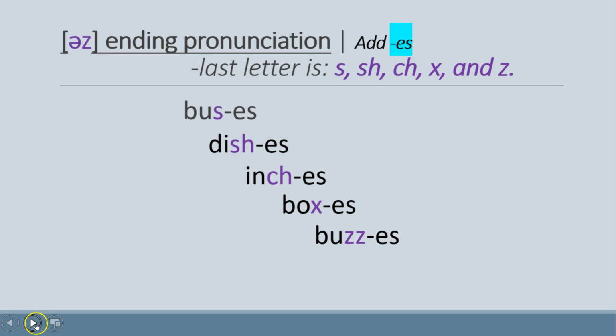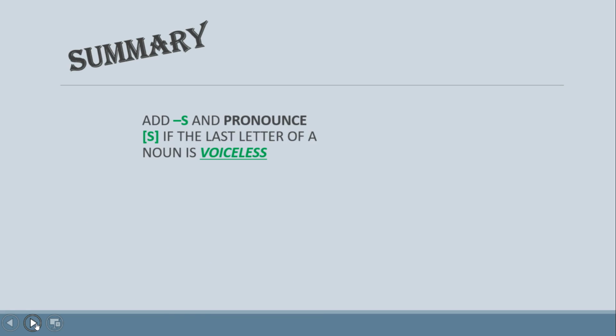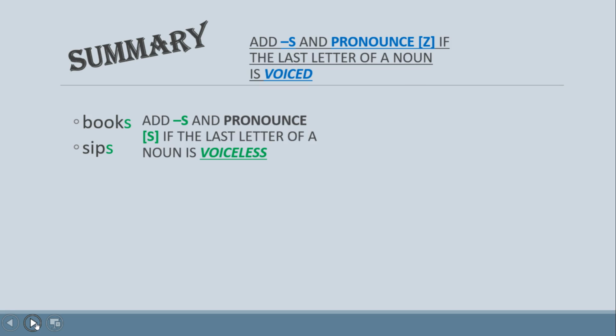Okay? So let's just give a quick summary about everything we've been saying so far. You add S and you pronounce S if the last letter of a word is voiceless, like in the words books and sips. You add S, but you pronounce Z if the last letter of a noun is voiced, such as in these examples, papers and fighters.